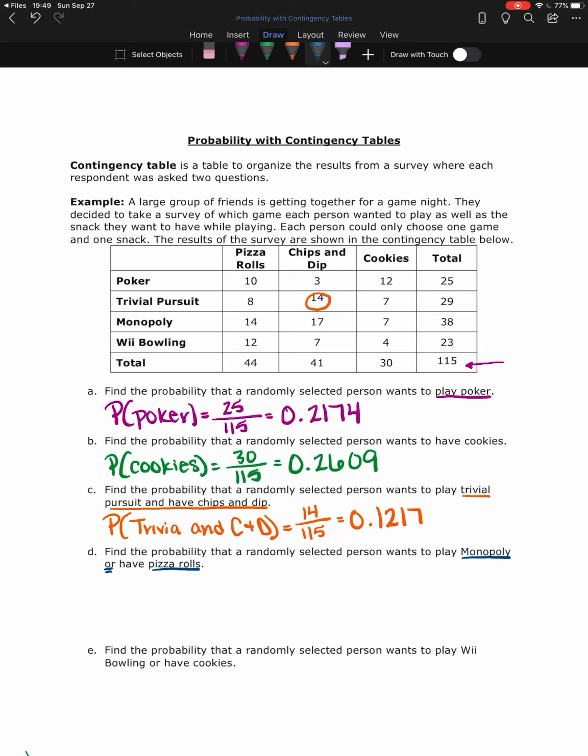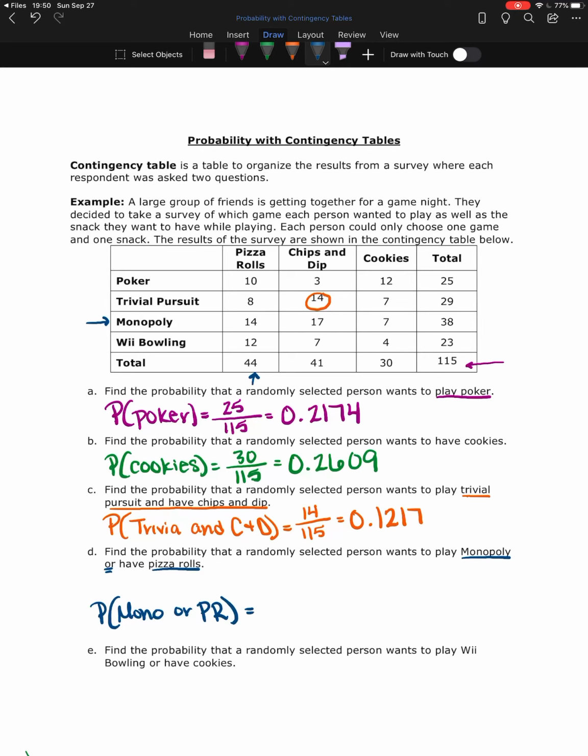And when you have a table like this, there is always going to be overlap if one of the things you're looking at is in a row, like Monopoly is a row, and the second item is one of the columns. Pizza rolls are a column. There is overlap. So these are non-disjoint events. So we're going to find the probability of Monopoly or pizza rolls.